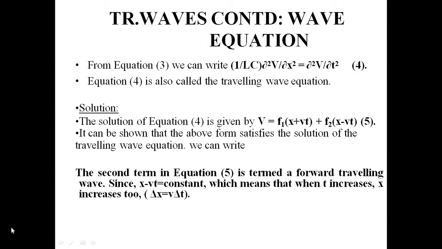It can be shown that the above form satisfies the travelling wave equation. The second term, equation 5, is termed the forward travelling wave, since x minus v t is constant, which means when t increases, x increases too. Del x is equal to v del t.